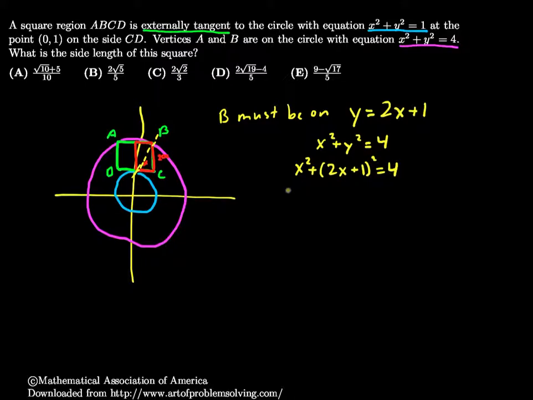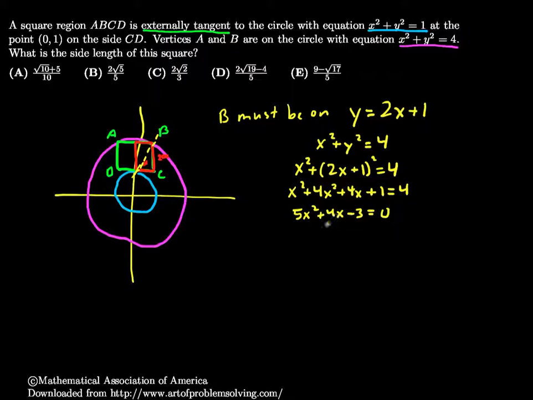Squaring it out, I get x squared plus 4x squared plus 4x plus 1 equals 4. It's a quadratic, so I have 5x squared plus 4x, and subtracting 4 from both sides, minus 3 equals 0.